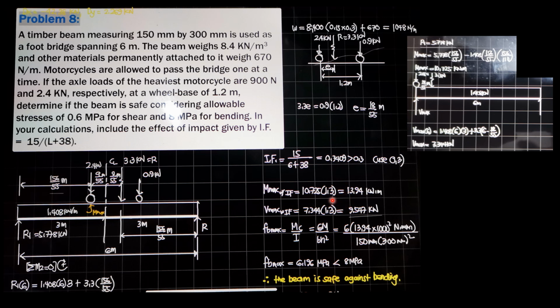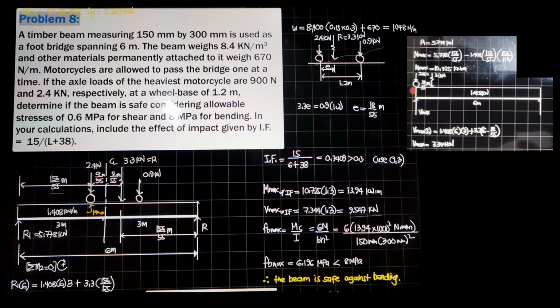So in short, if we factor out the maximum moment, then it is 1 plus 0.3 or simply 1.3. So the maximum moment considering impact factor would now be 13.94 kilonewton meter.